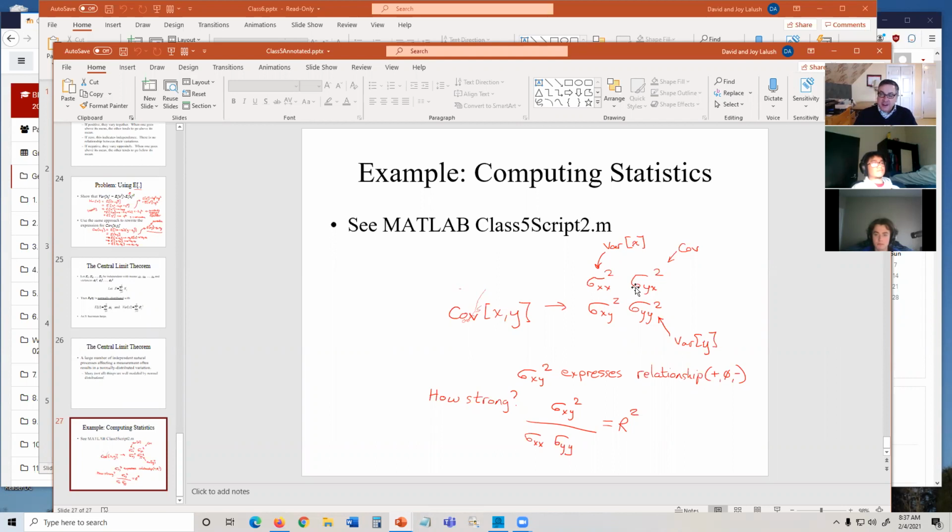And again, the absolute number you get there doesn't necessarily mean anything because it depends on the signal that you have. So you really have to look at it in the context of the actual variances of the two.